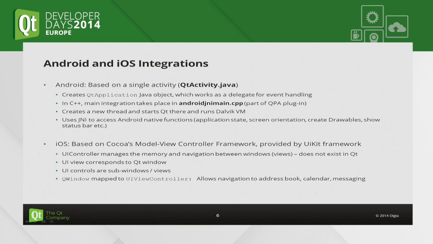Well, that's not a big problem. We provide the Android Extras module that provides a couple of convenience classes for writing and mixing native Android code with Qt code. That's how you interface with Android.